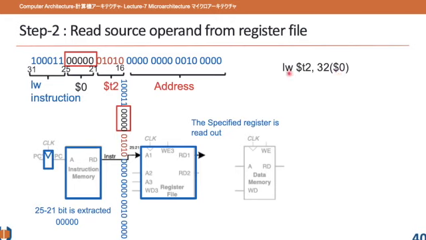In this particular case, we know that 32 will be the memory address. But if it is not s0, if it is s1, then we have to go to s1 to find the value of the base, and then add the offset to the base address, right?